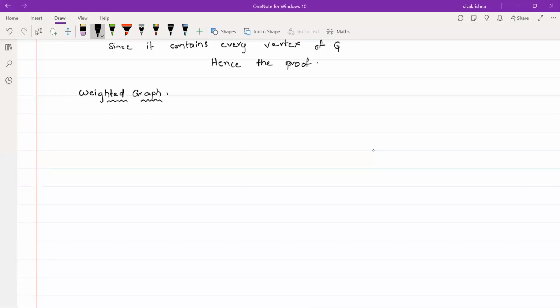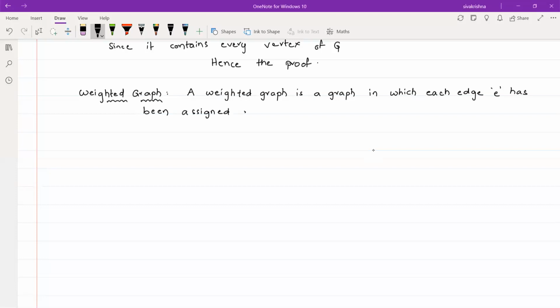A weighted graph is a graph in which each edge, small e, has been assigned a non-negative number.